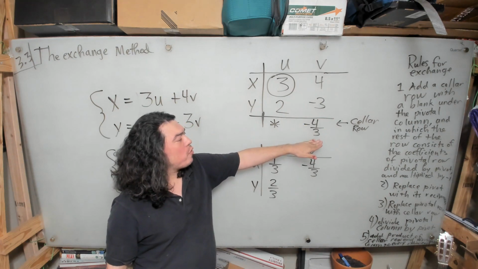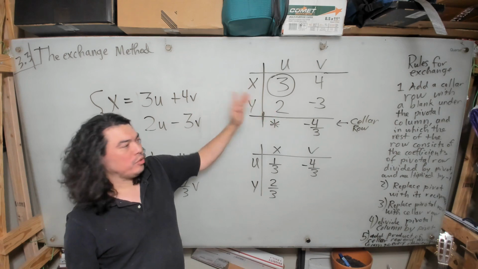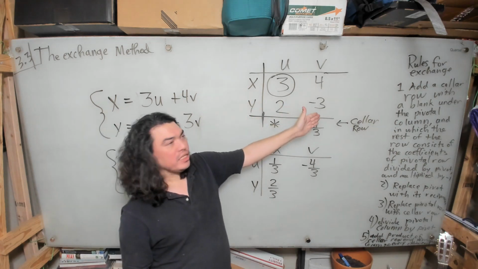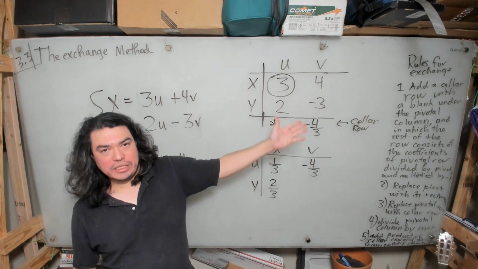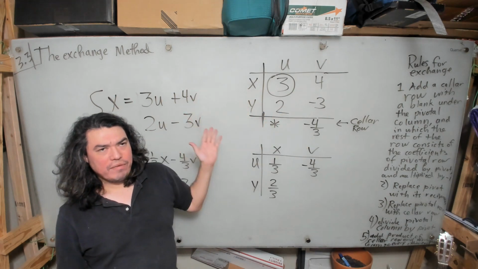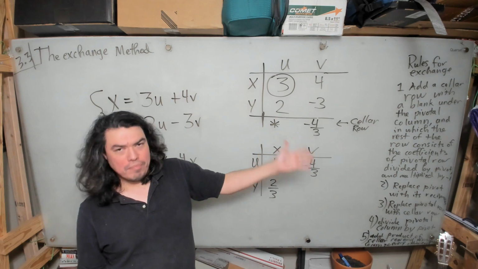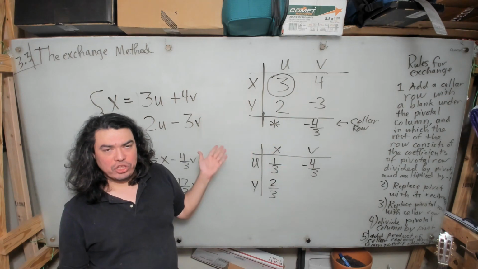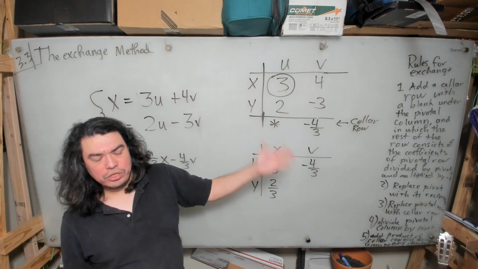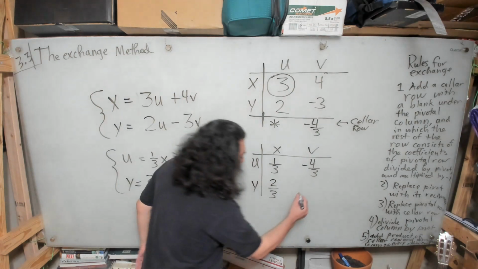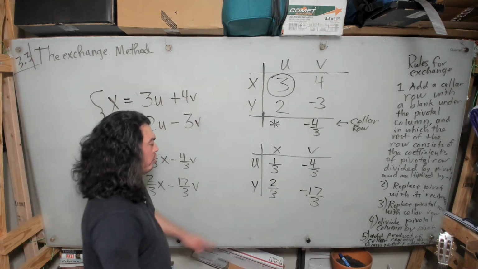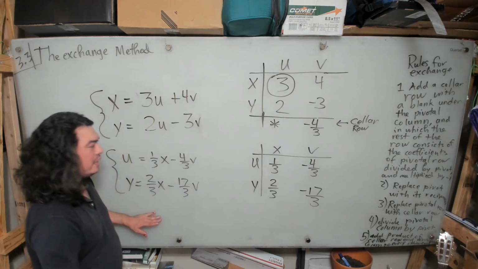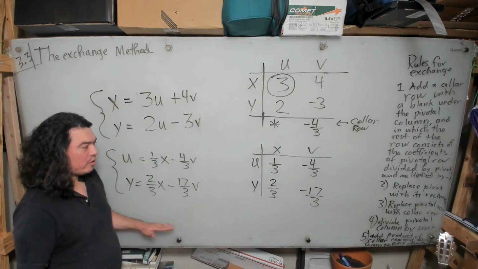So it'll be -4/3 times 2, which is -8/3, plus the -3. That becomes -8/3 minus 3, which is -8/3 minus 9/3, which is -17/3. And so you see, I end up exactly with what I was expecting.